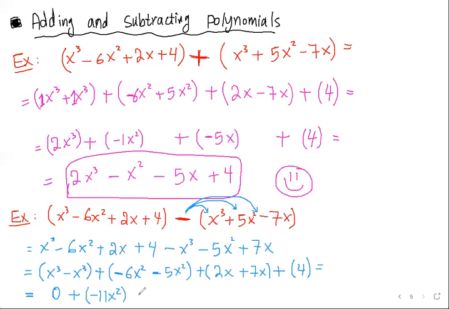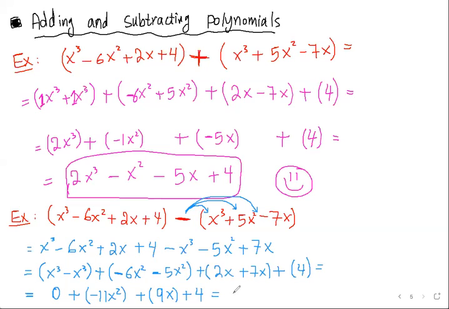Plus 7 plus 2 is, don't forget this one, oh 2x, sorry, plus 7x. 9x, exactly. Plus the 4. Okay, so what's the answer?